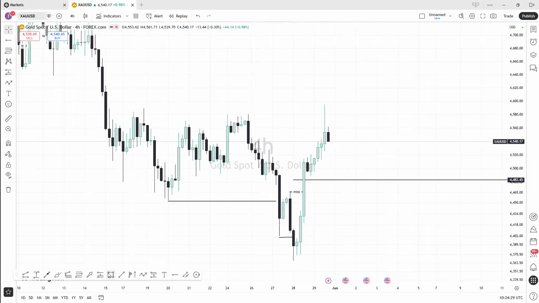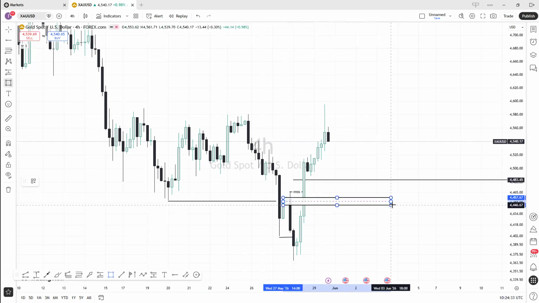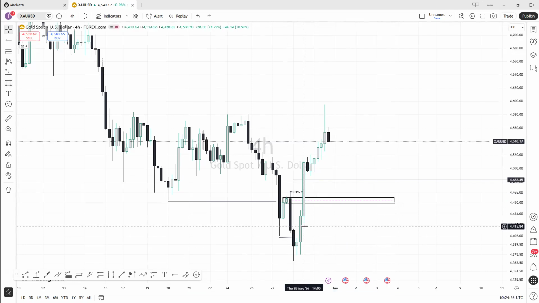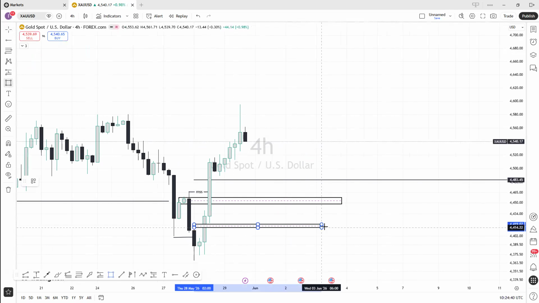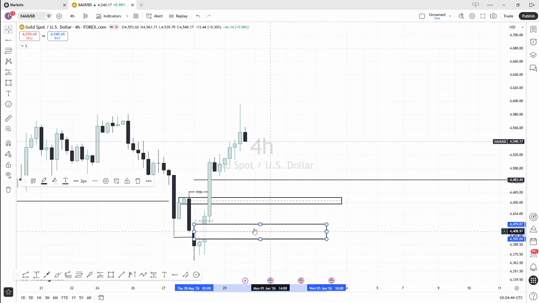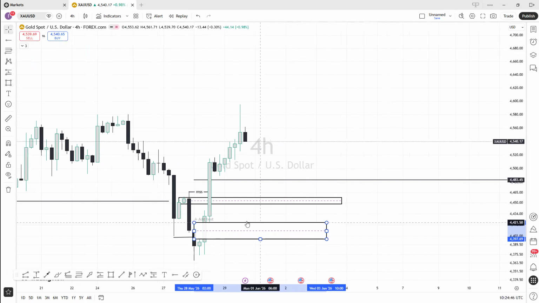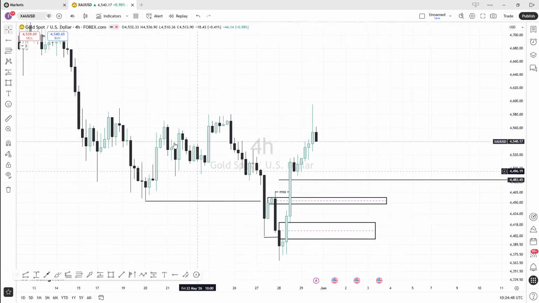Okay. So here in 4-hour time frame, I have this breaker block. First point of interest on this zone, have this 4-hour breaker block. Also, there is unmitigated fair value gap on the discount level here. Unmitigated FVG. So I have 2 points of interest. Okay.